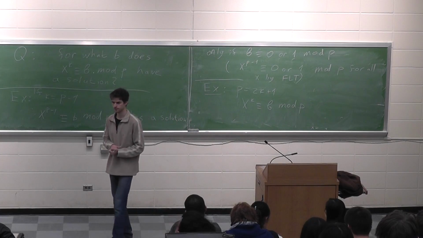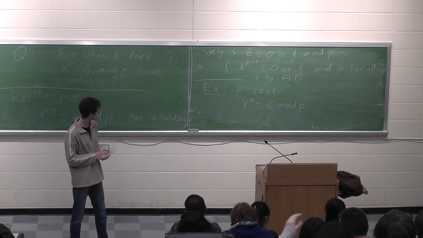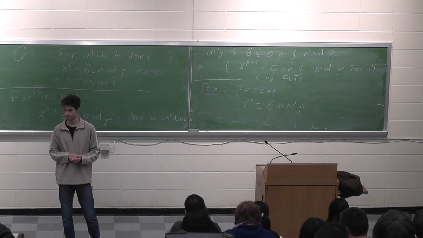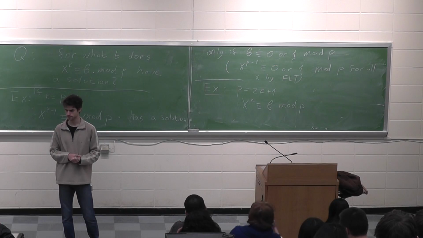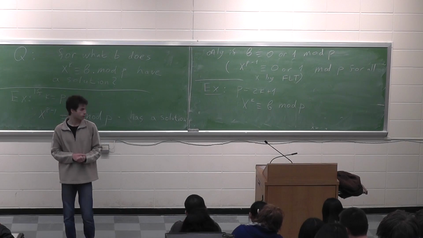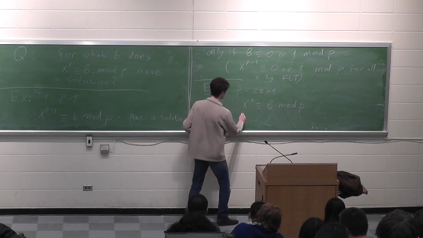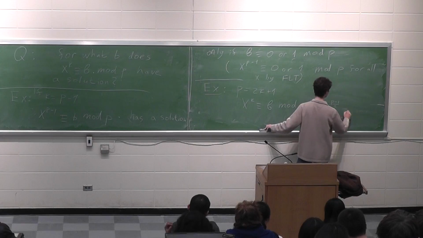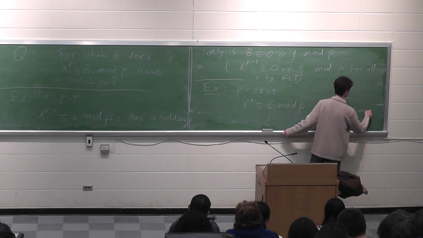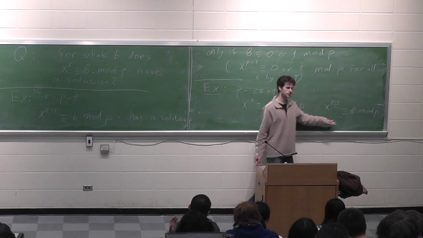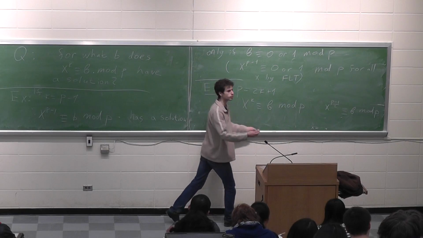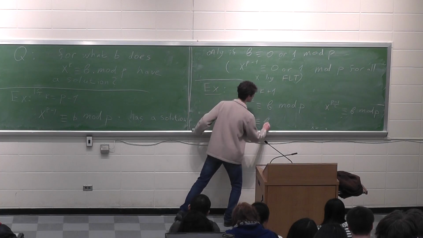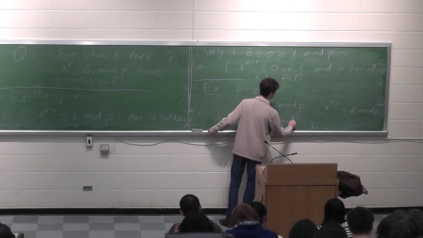This equation is indeed of the form x to the power of p minus 1 divided by 2 is congruent to b modulo p. If I know this, let me square both sides. I will get that x to the power of p minus 1 is congruent to b squared modulo p.